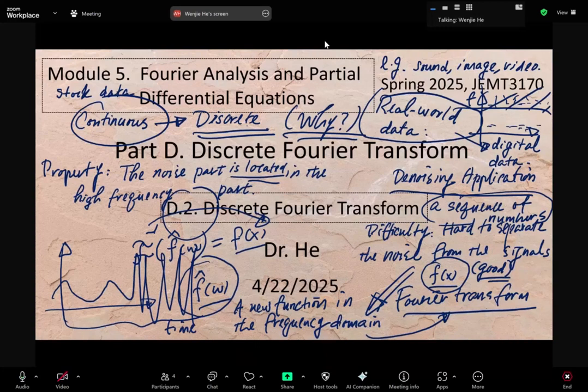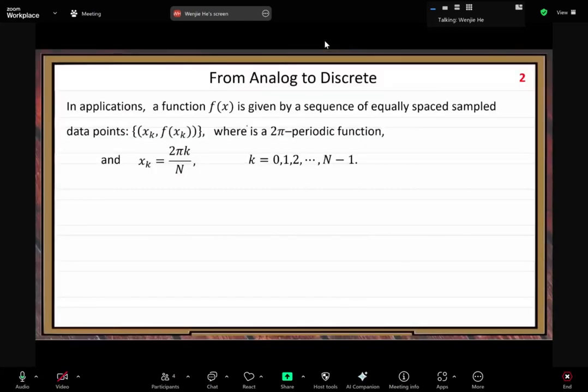So we need to modify our Fourier transform from the continuous version to the discrete version. That's the reason we need to study the discrete Fourier transform. With this background, now let's move to this topic, discrete Fourier transform.